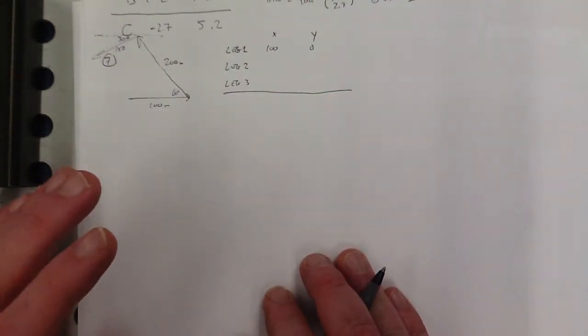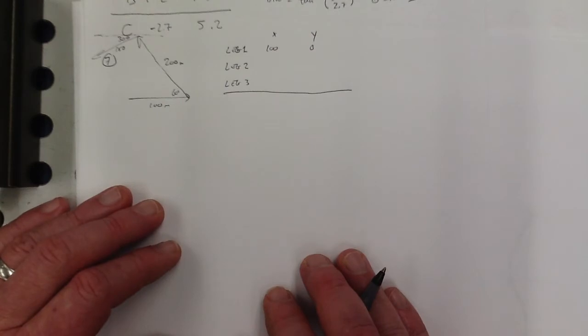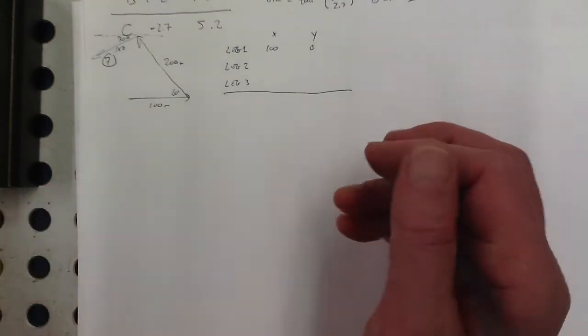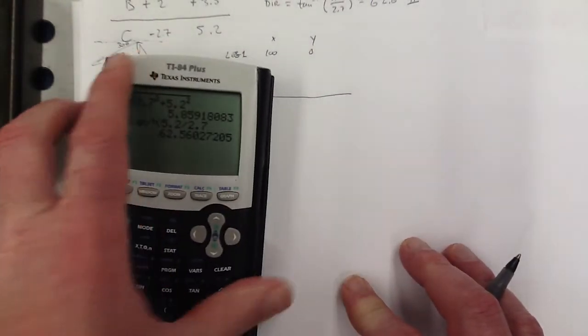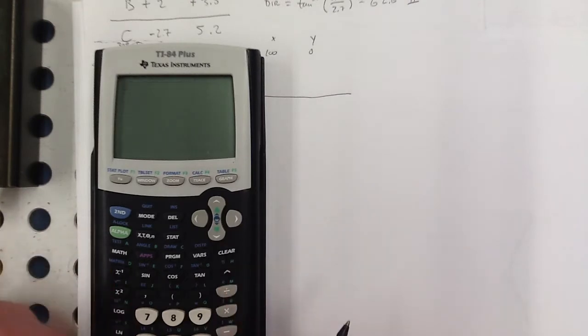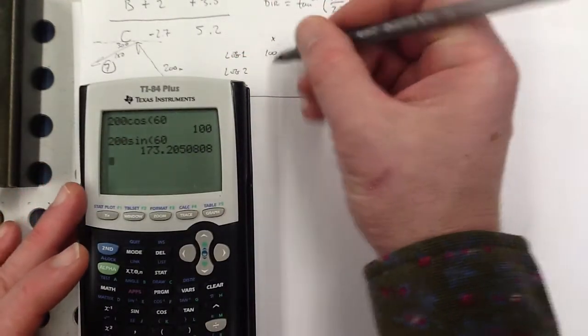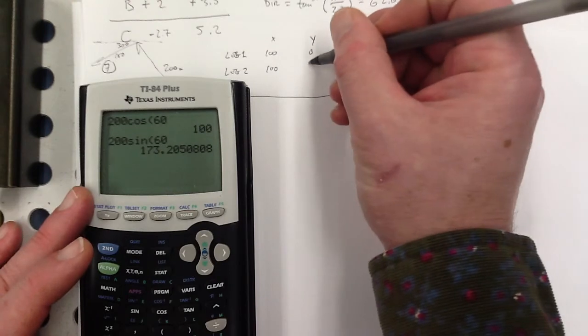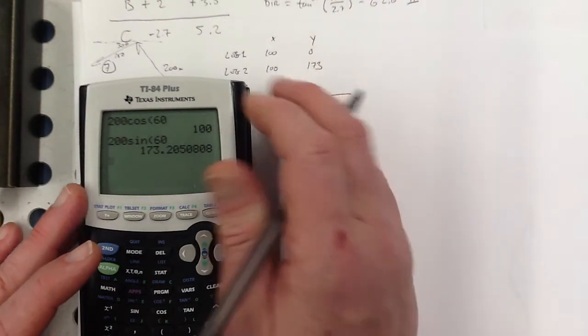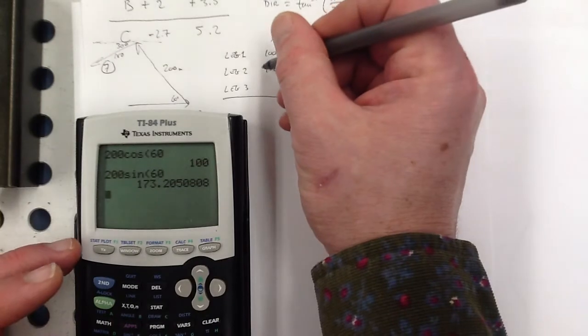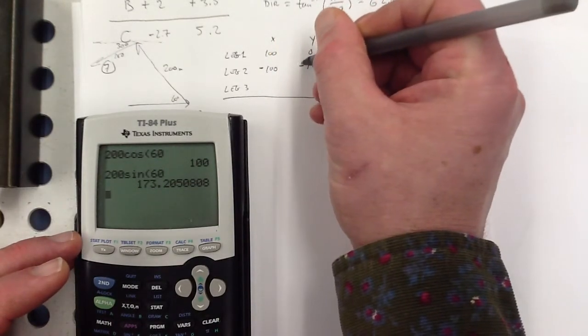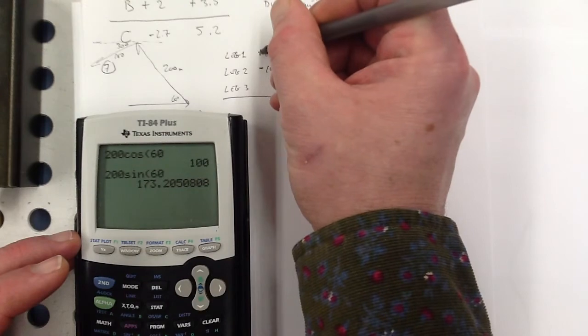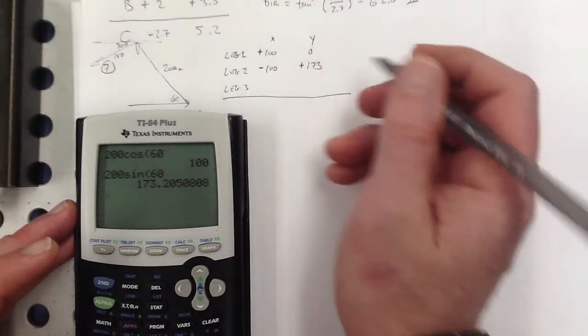It's like there's no angle there, right? 200 meters at an angle that is 60 north of west. So I need to do 200 cosine 60, 200 sine 60. There's my x and my y, 100 and 173. And that is north of west, which is in quadrant 2, which is negative, positive. And this was positive and 0, 0. I need to put a sign on that.